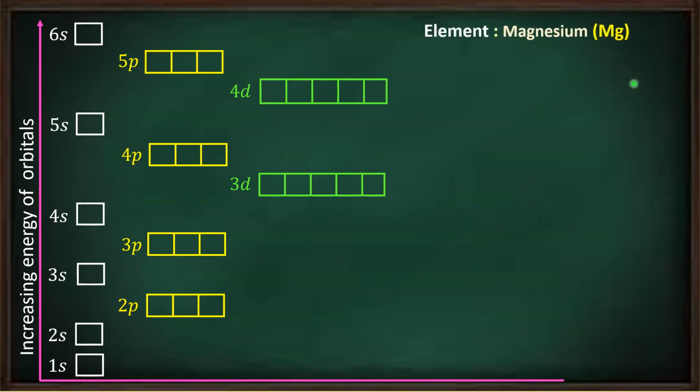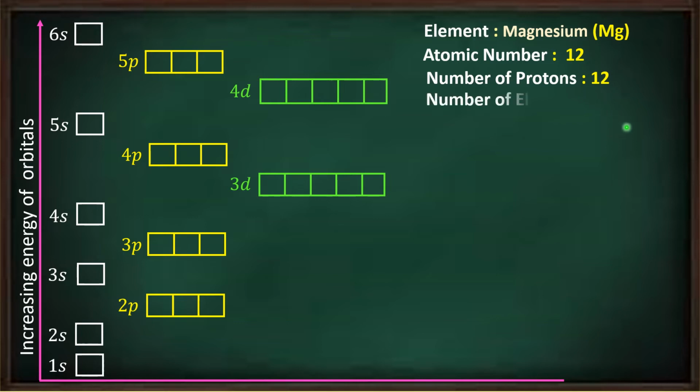The next element is magnesium. Its symbol is Mg and atomic number is 12. Number of protons is 12 and number of electrons is 12.